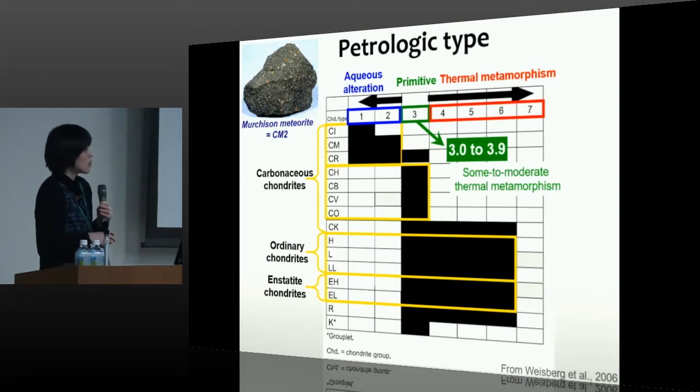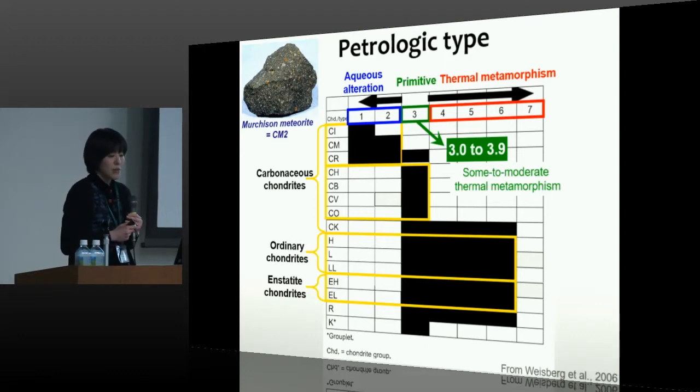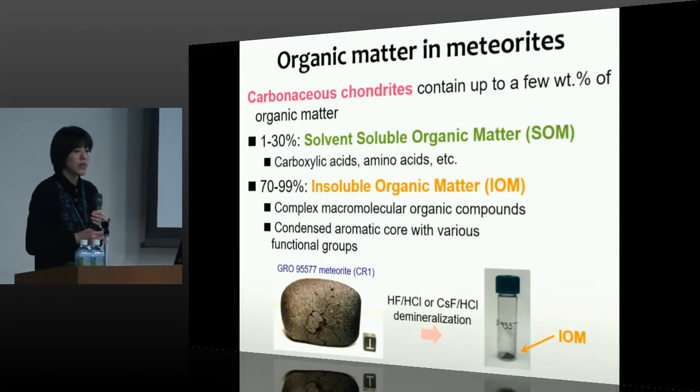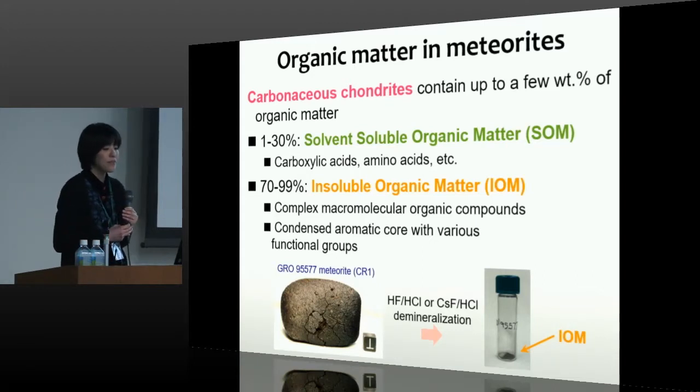So basically, organic matter only exists in type 1 to 3 chondrites. So the most primitive type of carbonaceous chondrites contain up to a few weight percent of organic matter.